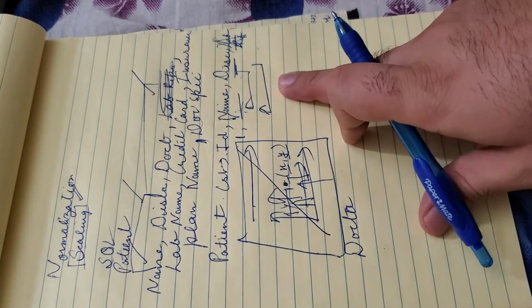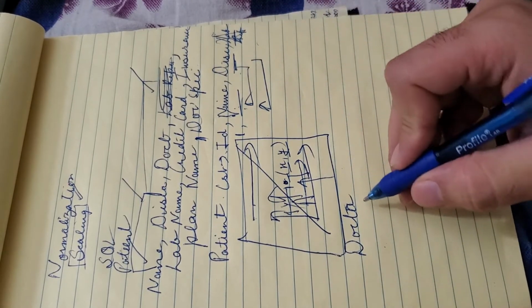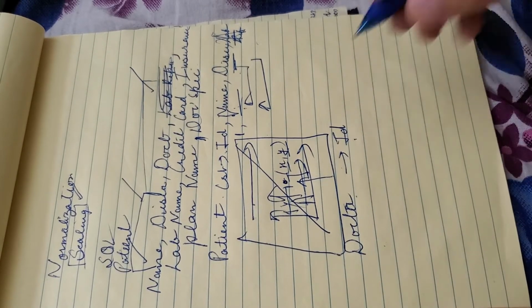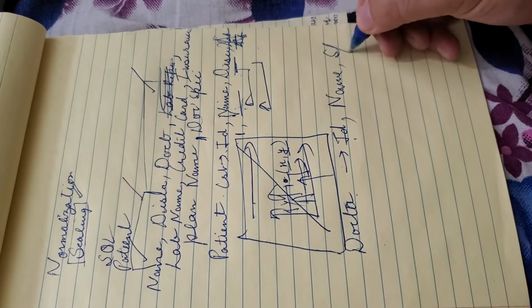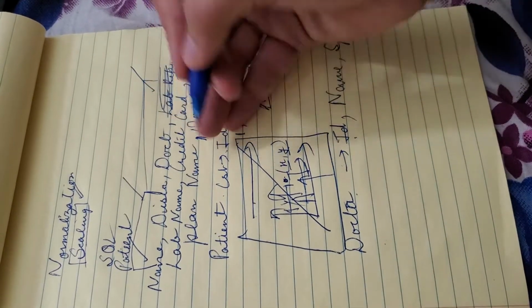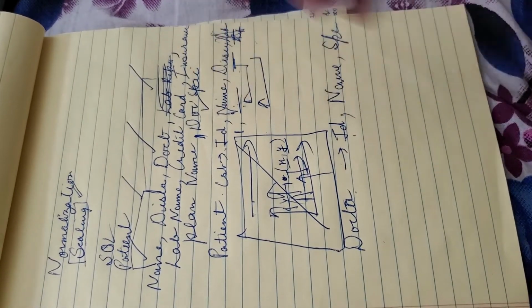This is called maintaining data integrity. Now coming on to doctor. For doctor again we'll have an ID, then we'll have doctor's name and his specialization. This is the second CSV, which you can also say is the second dimension, which is doctor and doctor's specialty.